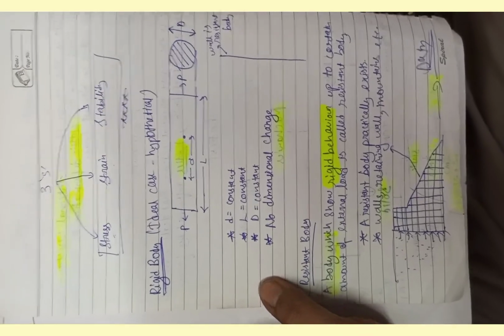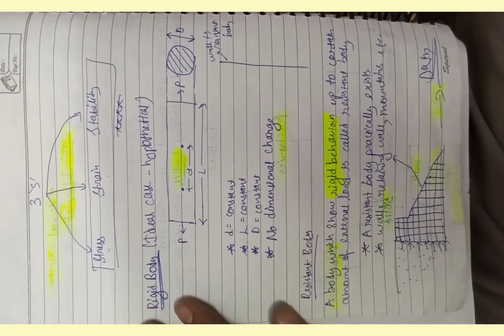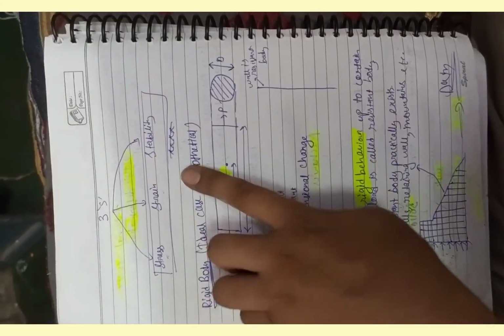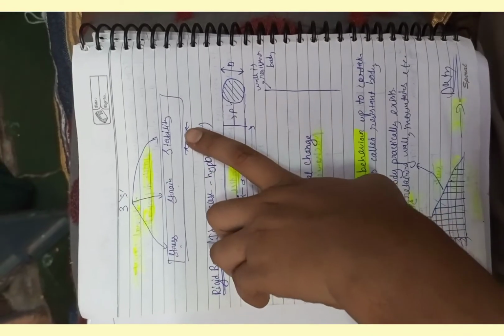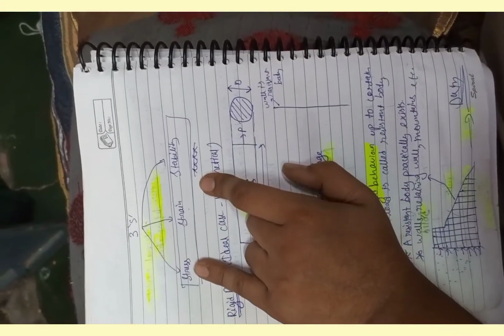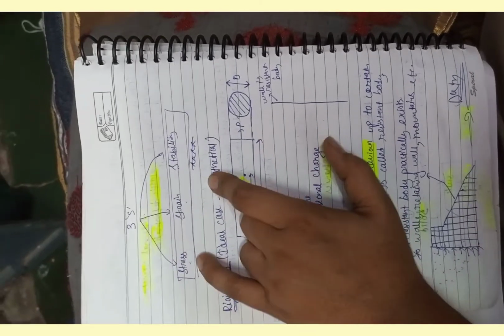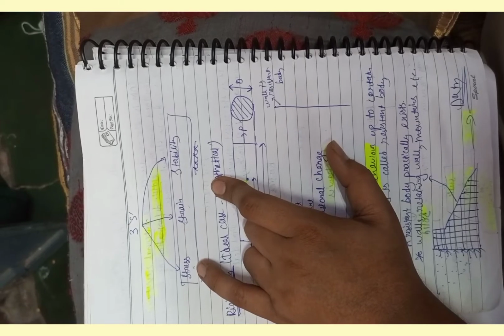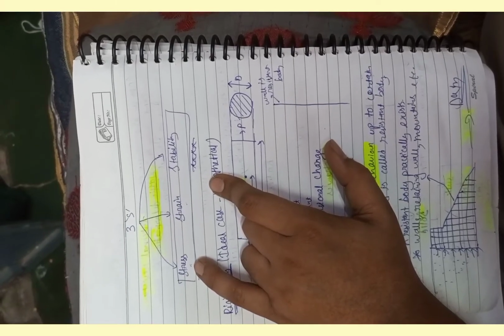There are mandatory three S's. What are the three S's? First one is stress, second one is strain, third one is stability. Basically, I'm just giving you an idea. What is stress? Stress is the force acting on an area.